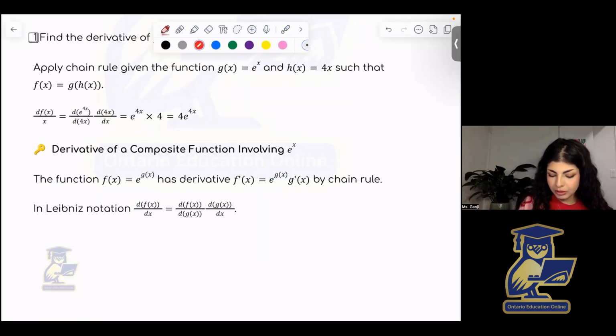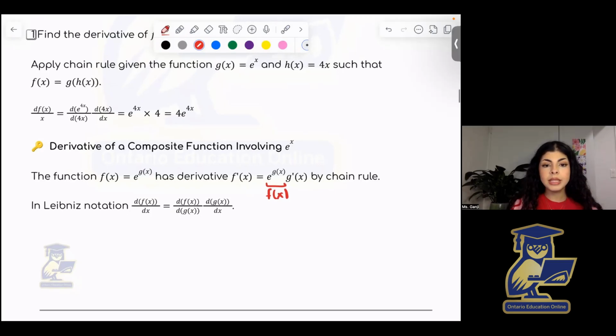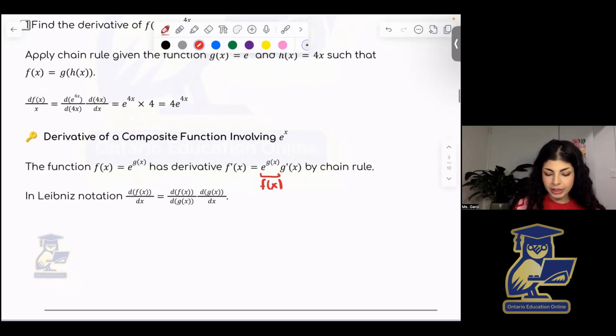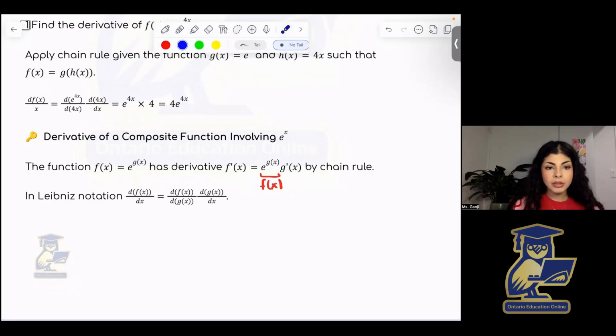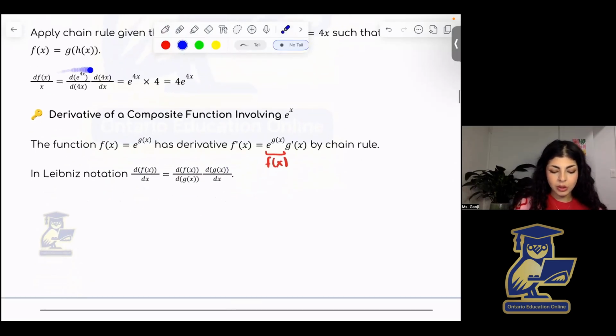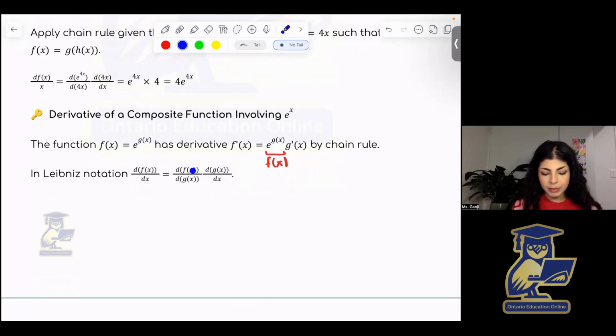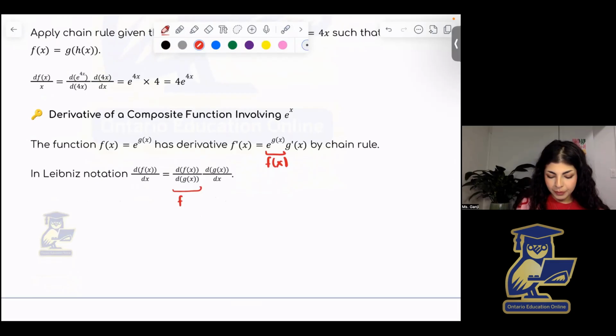So this is just f of x times the derivative of the exponent, which is g prime of x. And in Leibniz notation, we have what we saw above here. So this would just be f of x, and this would be g prime of x.